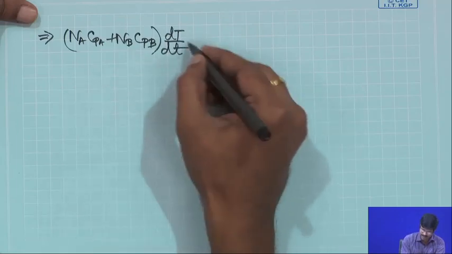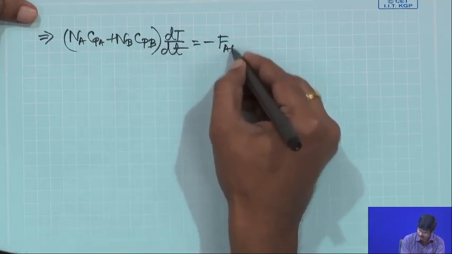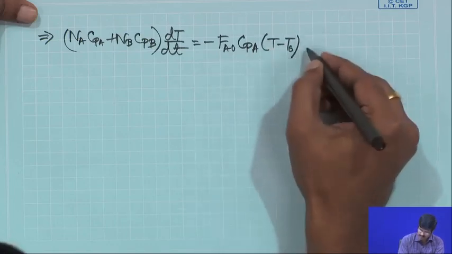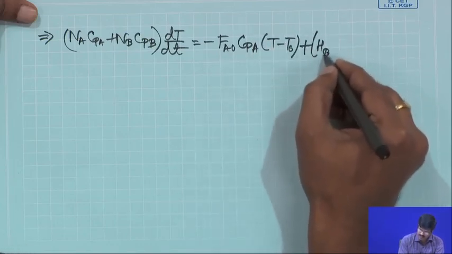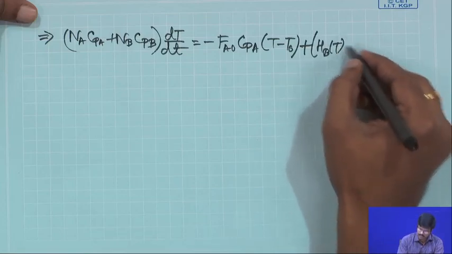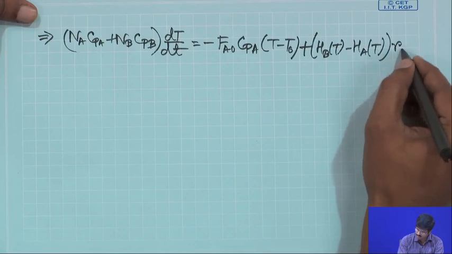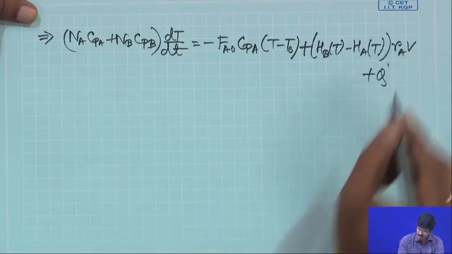This expression will be equal to minus Fa0 CPA (T minus T0) plus (HBT minus HAT) into RAV plus Q dot, right.